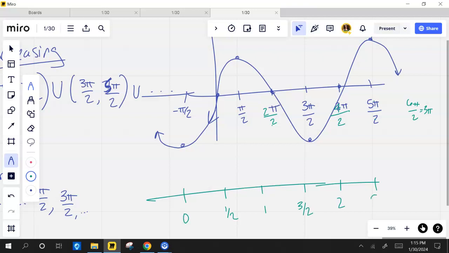One more. 5 over 2. So this is the same thing, but there's just a pi hook to it. So it's 1 pi over 2, pi, 3 pi over 2, 2 pi, 5 pi over 2.